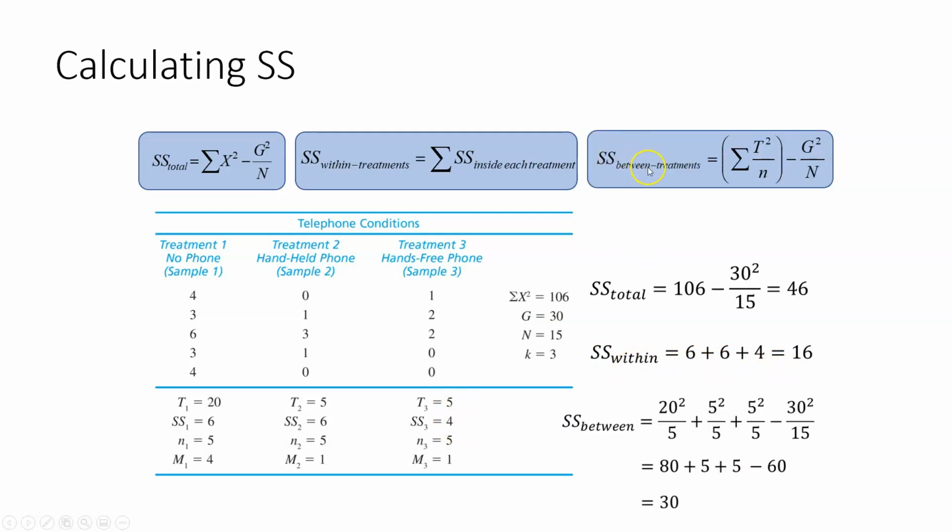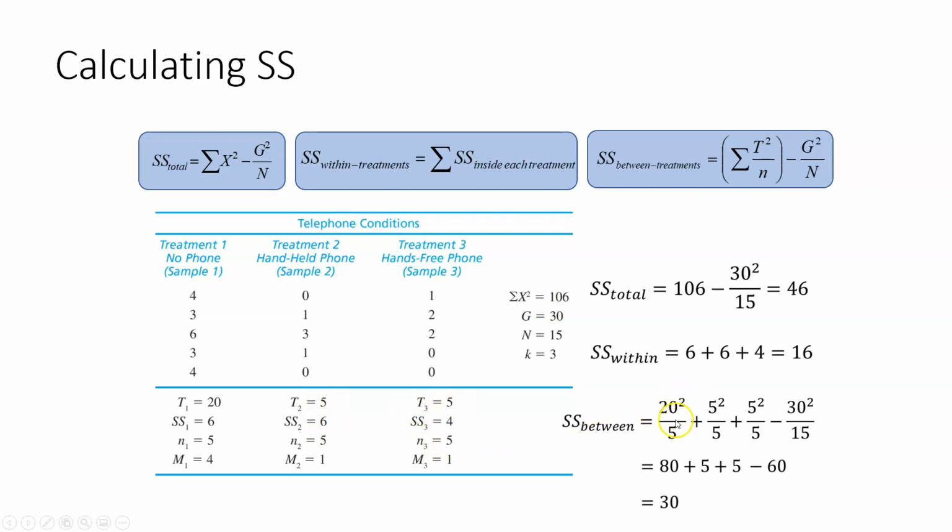The sum of squares between is the sum of all of these components for each condition minus g squared over n. So the t squared over n, remember, is the first t squared divided by n, and then the second t squared divided by n, and the third t squared divided by n, and then you sum those up.